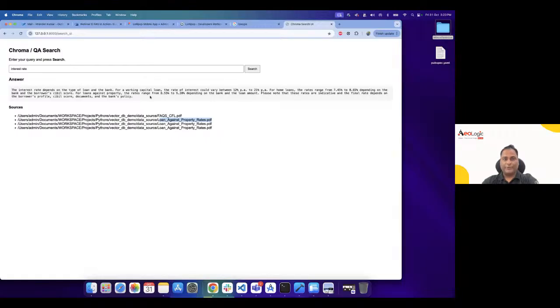So you can ask anything and it fetches data from these two PDFs as a source, which is now in our Chroma DB.